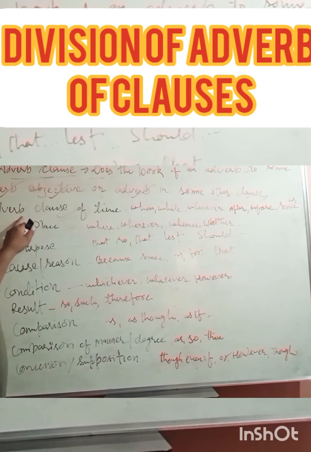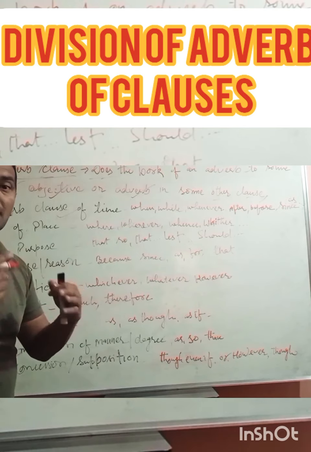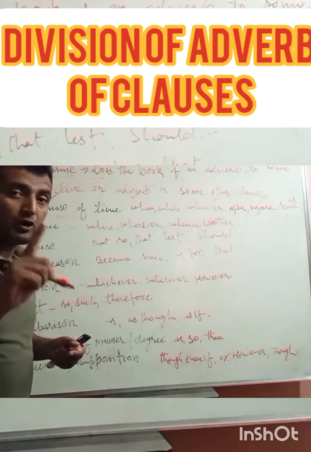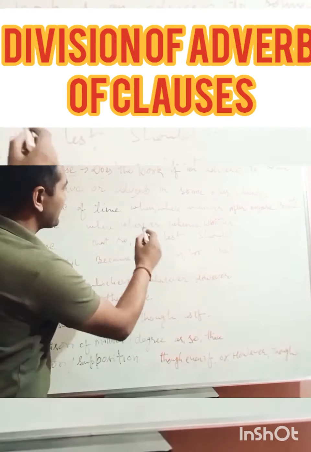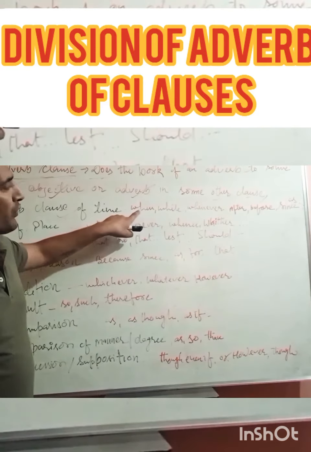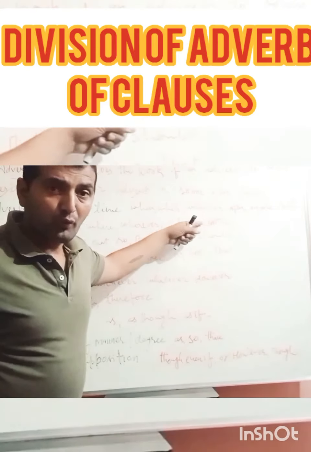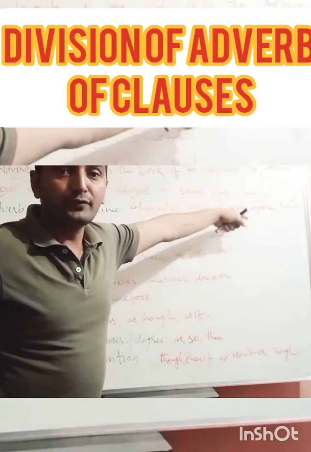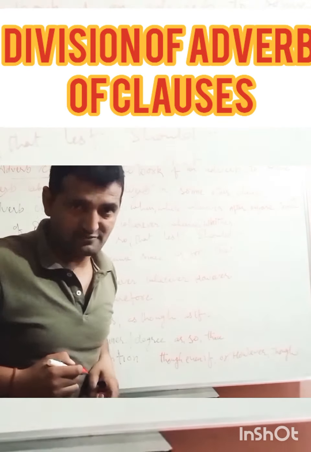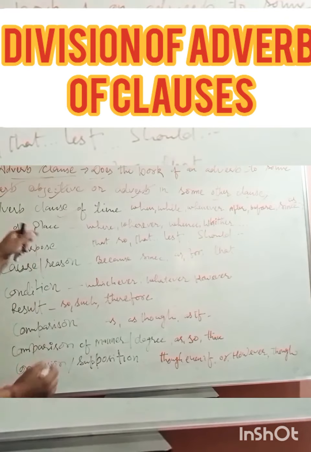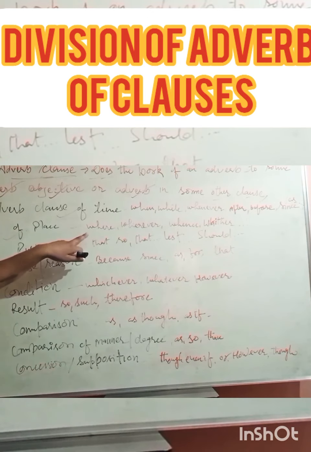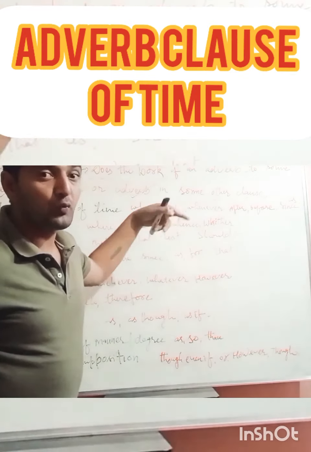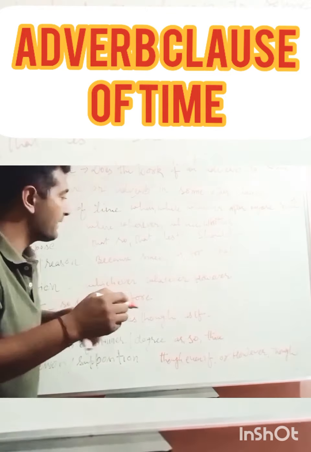Adverb clause of time. Whenever there is something about time, your subordinate adverb clause will start with words like when, while, whenever, after, before, as, since, etc. Next is place. If it is talking about place, then where, wherever, whence, whither, etc. will be there.